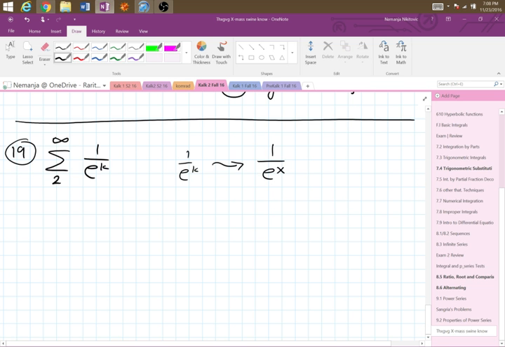Decreasing, positive, and continuous. Very good. So our function f of x equals 1 over e to the x, also known as e to the negative x, whatever you like to write, needs to fulfill 3 requirements: continuous, decreasing, and positive.